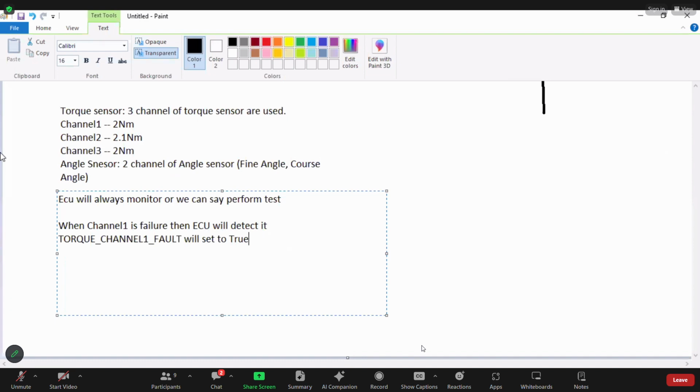Let's say the ECU detected a failure in channel 1. Then the ECU will set a variable, torque channel 1 fault. This variable will be set to 1. This indicates there is a failure observed in channel 1 sensor of torque. Guys, understood?